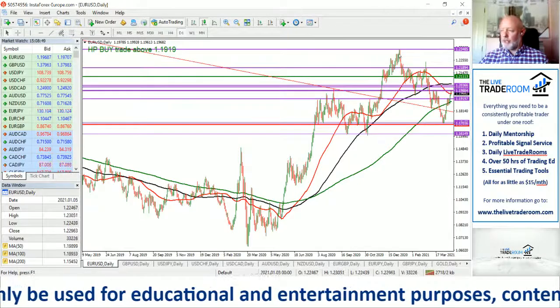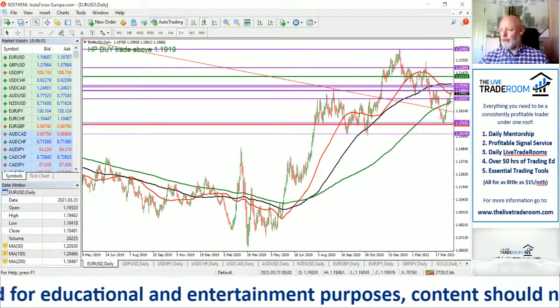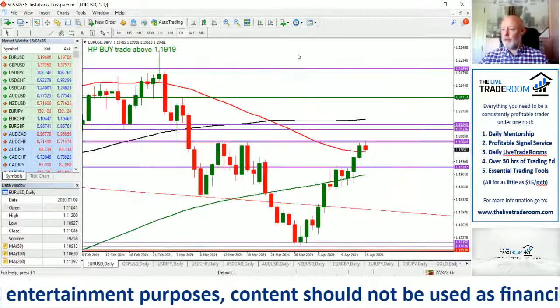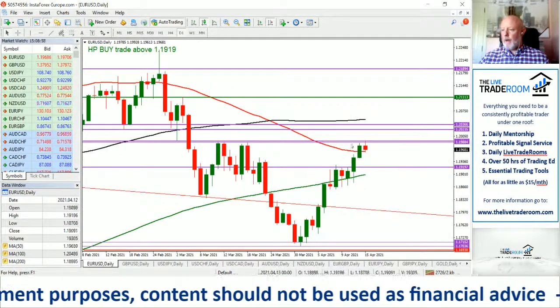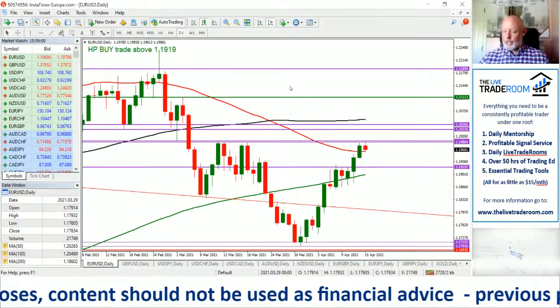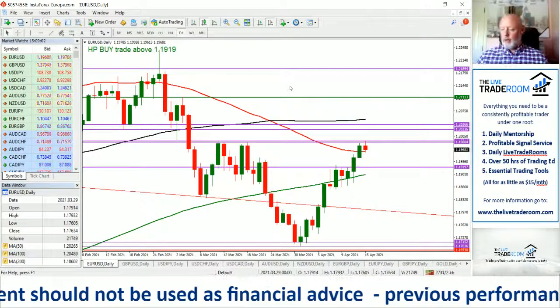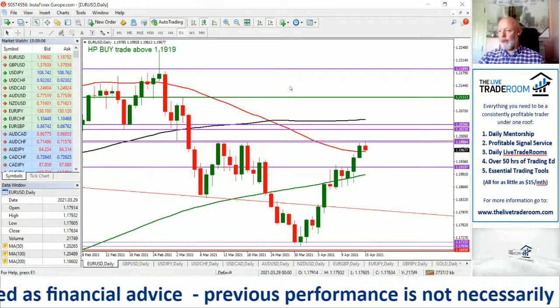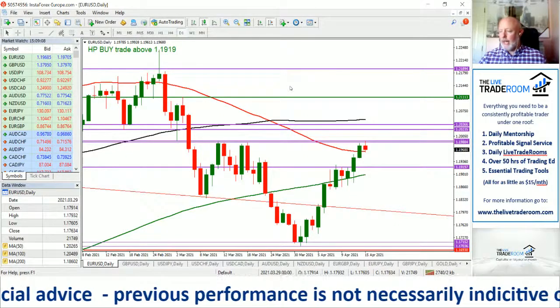The price has already bounced off it, and we've got some price action on the smaller time frames to work with now. Our bias, as I've just explained, is broadly speaking for dollar weakness, and we're looking for those buying opportunities to kick in.